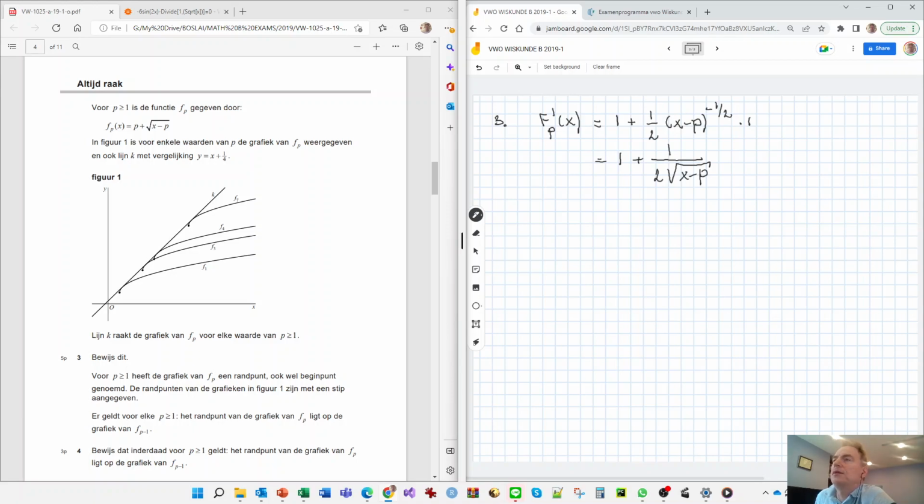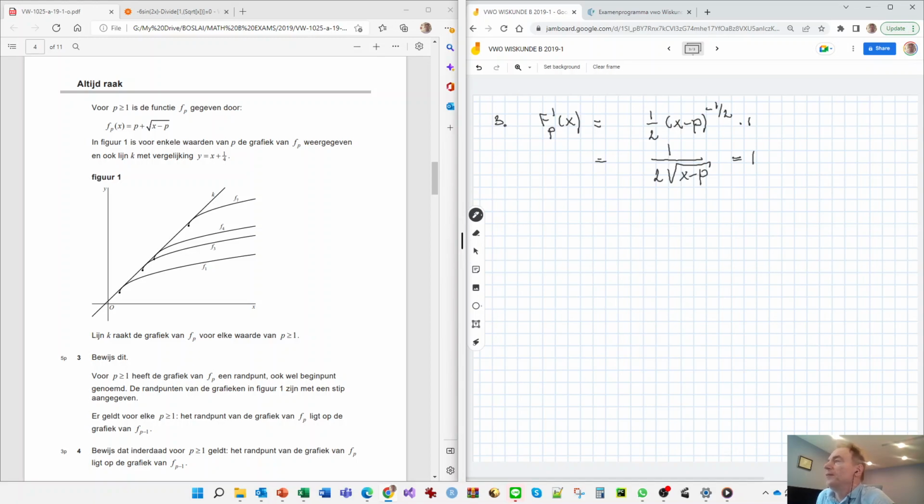I did something wrong. Yes, guys, don't do this at home. I need to differentiate with respect to x, which I did properly here, but p is just a constant. Oops. Okay. Alright. So, can happen. This has to be equal to 1 for a certain x.